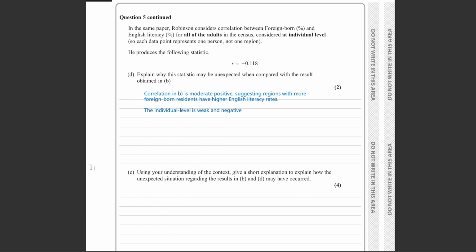In question E, we should explain how the unexpected situation may have occurred. This is something called Simpson's paradox, where we have one result on the global level or regional level and another one for individual level.